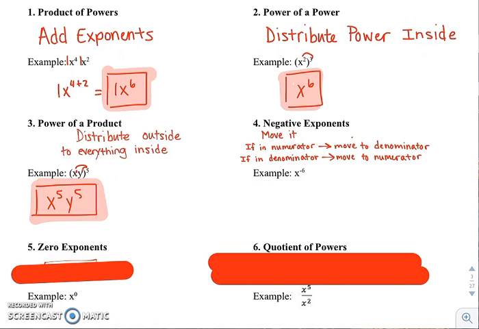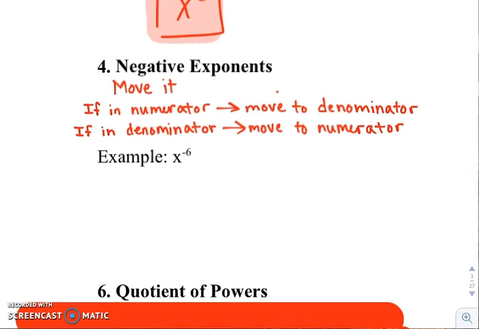So really all we have to remember is that if we have a negative exponent, we literally need to move it from wherever it is. So if it's in the numerator and it's negative, moving it to the denominator will make it positive. Vice versa, if you have a negative power in the denominator, moving it to the numerator will make it positive.